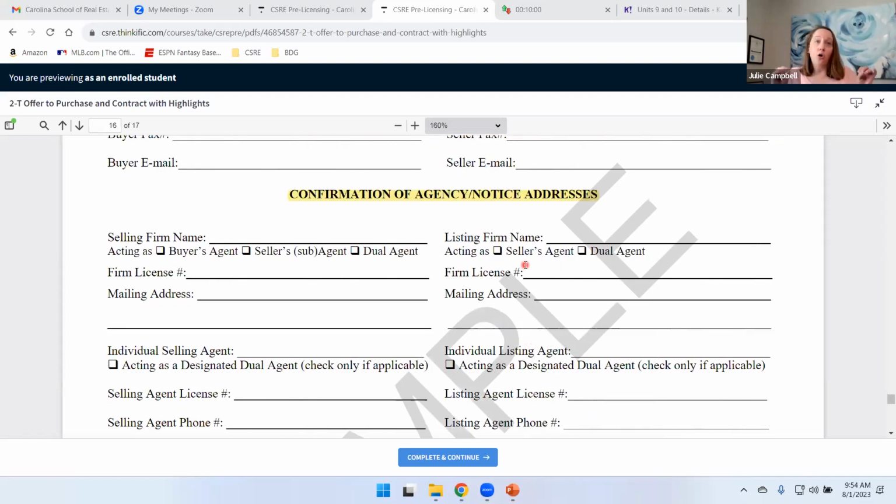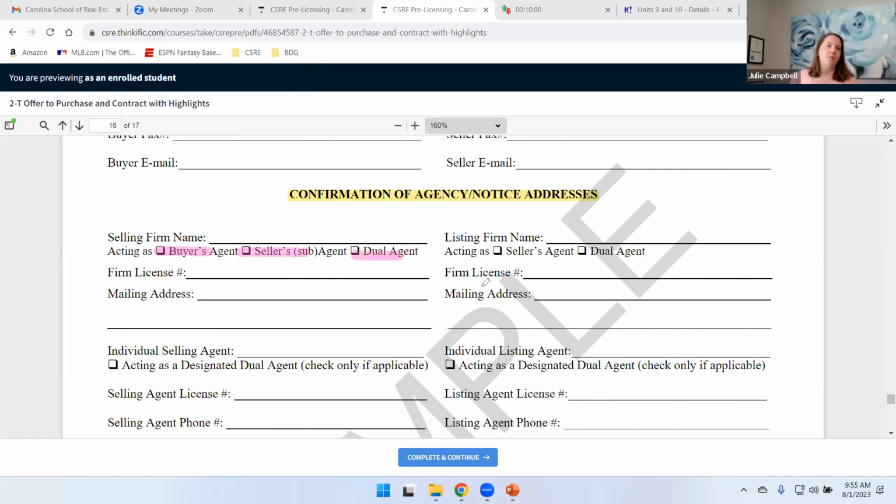And this is the only place that you and I belong in the offer to purchase and contract. And that is just to list, how do I want to be notified? How do I want to be communicated with? So buyers on the left, sellers on the right. So the buyer's the selling side. So we're going to identify who the selling firm is. And then we have to identify the selling firm's role.